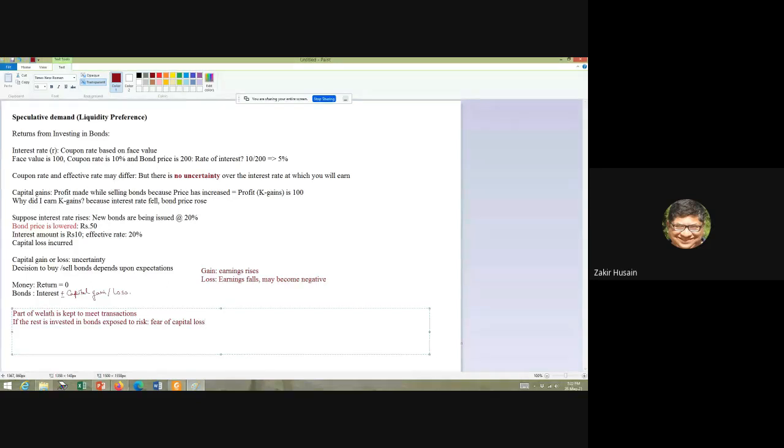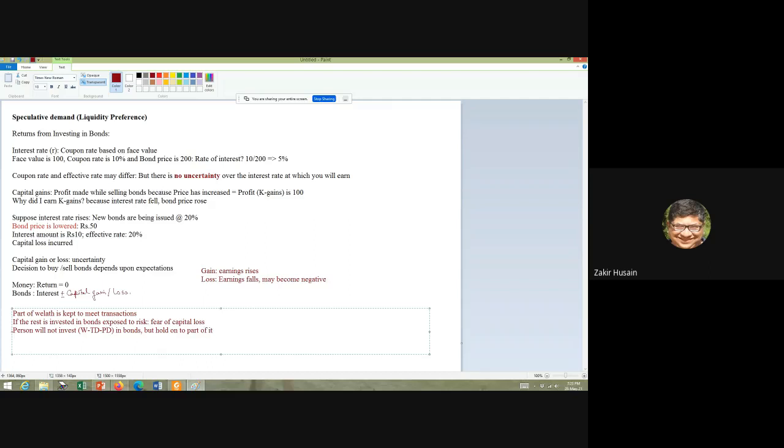As a result of this, the person will not invest W minus transaction demand and precautionary demand in bonds, but will hold on to part of it.